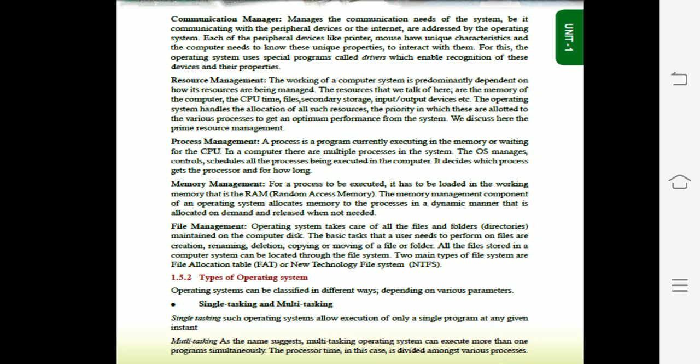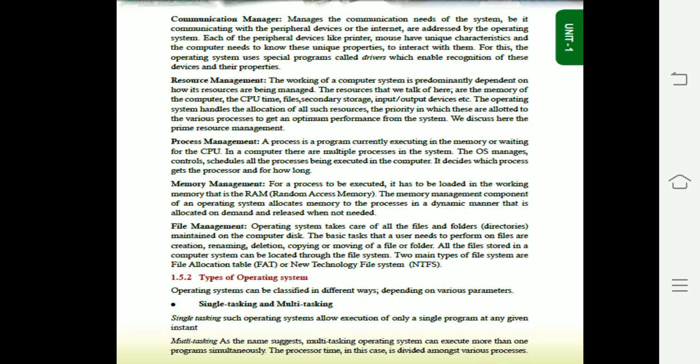Each and every peripheral device like printer, mouse, monitors, etc., these are input output devices which are recognized by the operating system, and it will accept as well as give responses to all these devices.